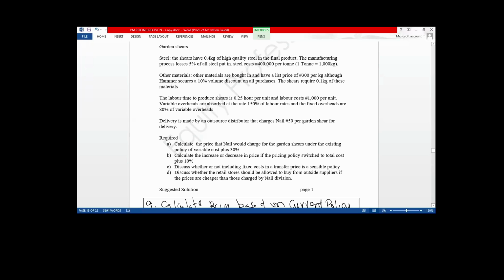Then the D part says, discuss whether retail stores should be allowed to buy from an outside supplier if the prices are cheaper than the price charged.